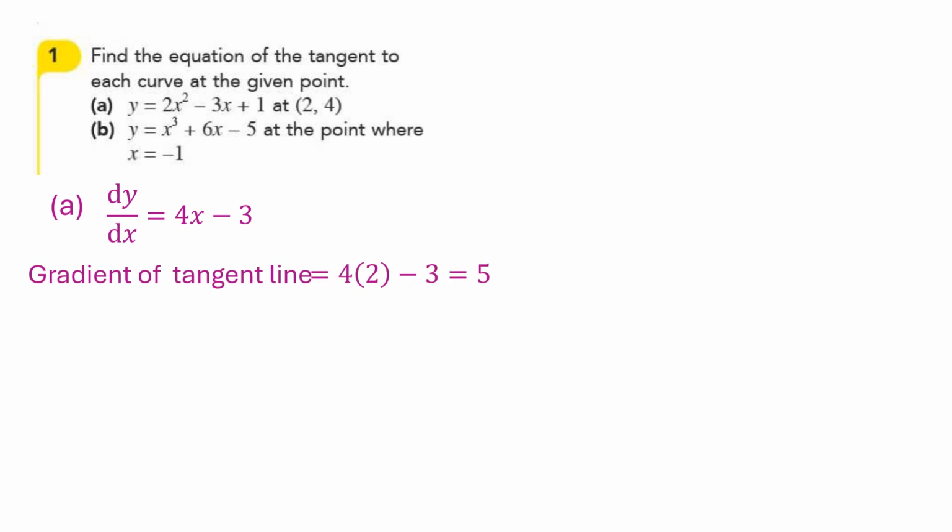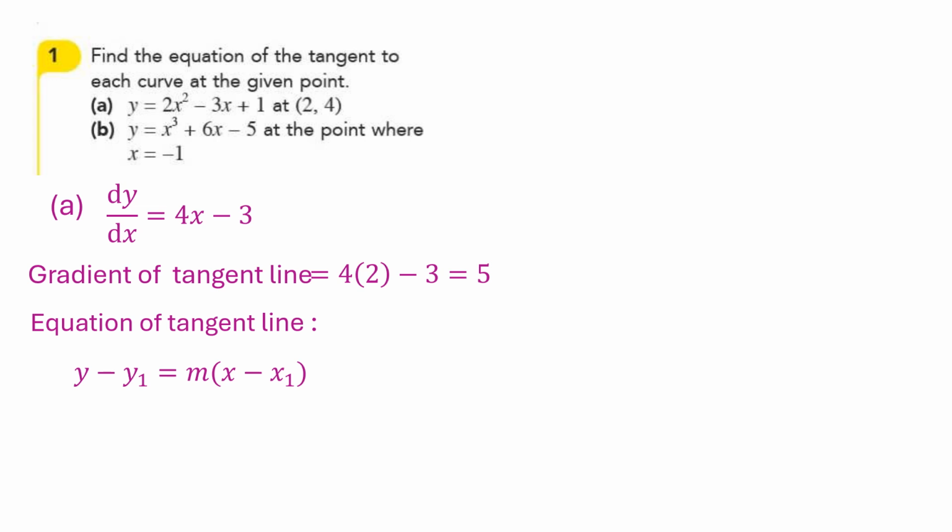And to find the equations of the tangent line, I'm using this formula. This is a very useful formula. It's actually derived from finding the gradient if you're given 2 points. So x1, y1 represent the point that is given to you, which is 2, 4.